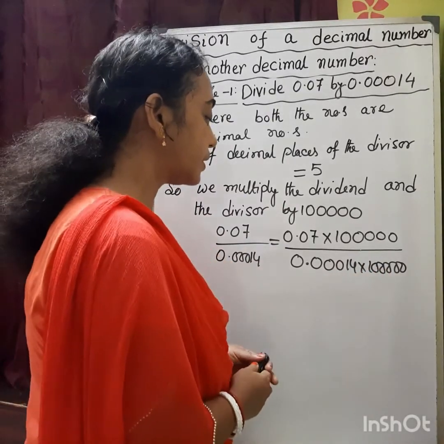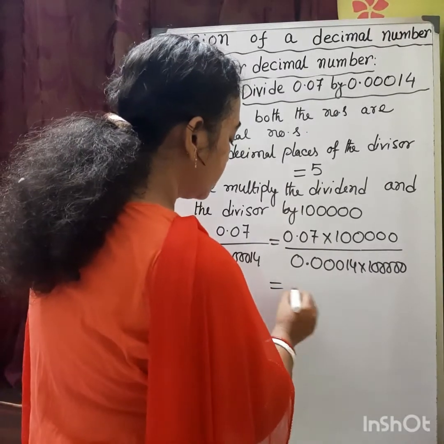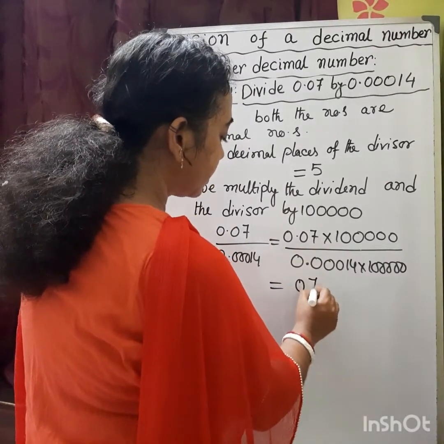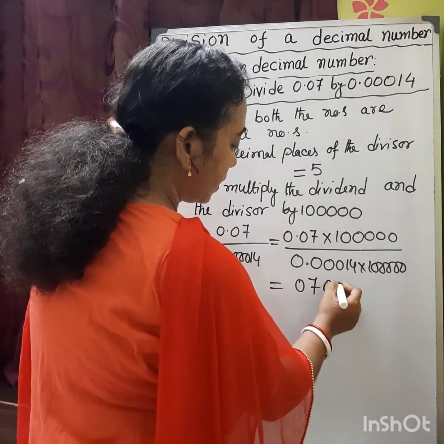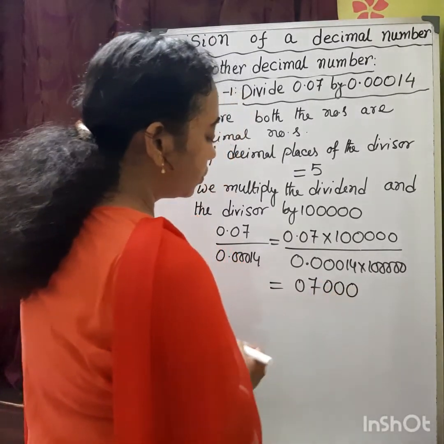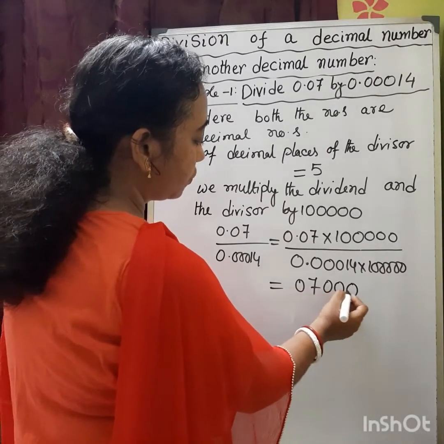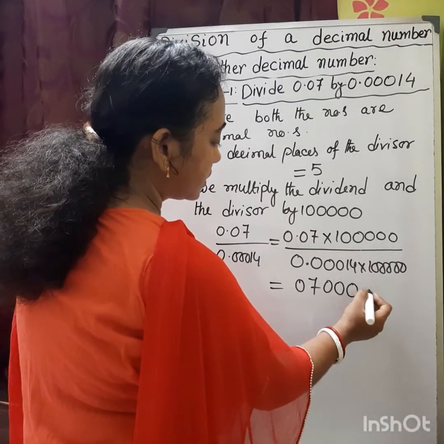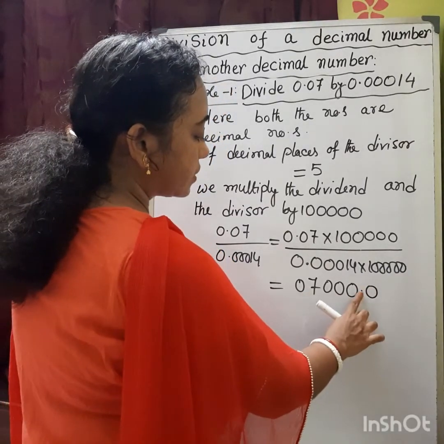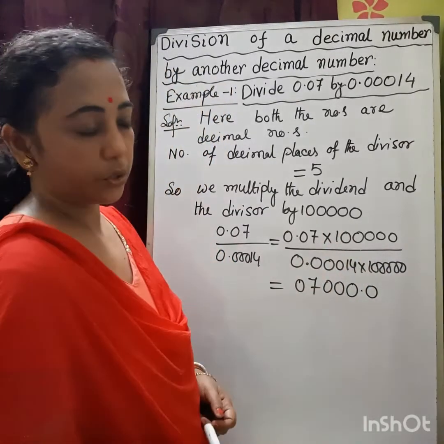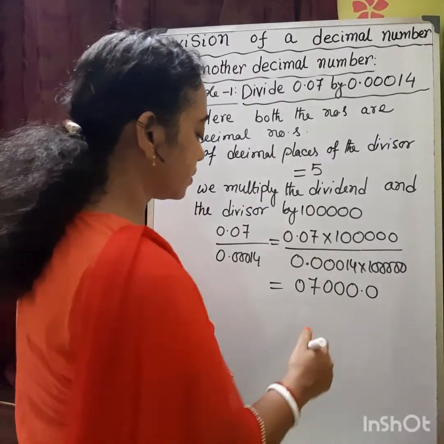So let us shift the decimal point to the right side 5 places. So this becomes 07, but no digit is left, so we may put 0 as required. If we put 3 zeros, then it becomes 5 decimal places, that is 1, 2, 3, 4, 5. So we can put the decimal point, and after that we can put 0. We can ignore this decimal point also. That means this becomes a whole number, that is 7,000.